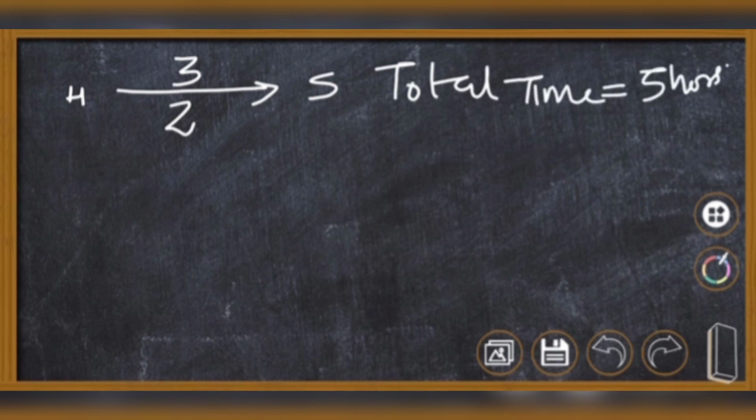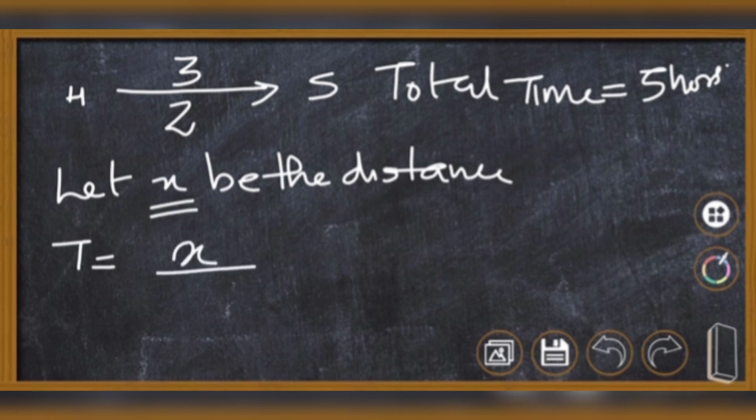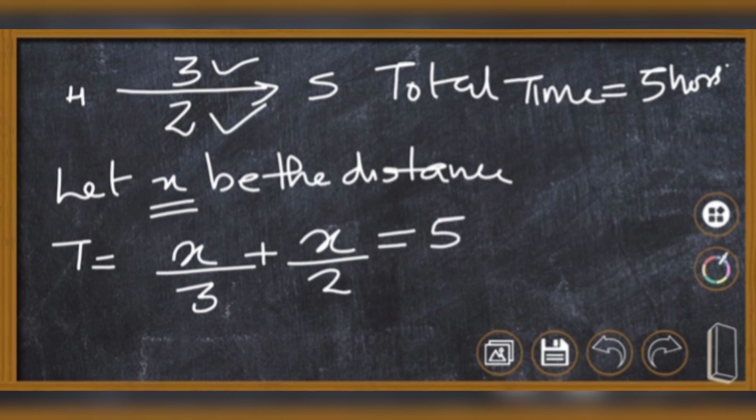So let x be the distance between the school and house, then t is equal to x by 3 kilometer per hour plus x by 2 kilometer per hour, and we know that the total time taken is 5, so this is equal to 5 hours.